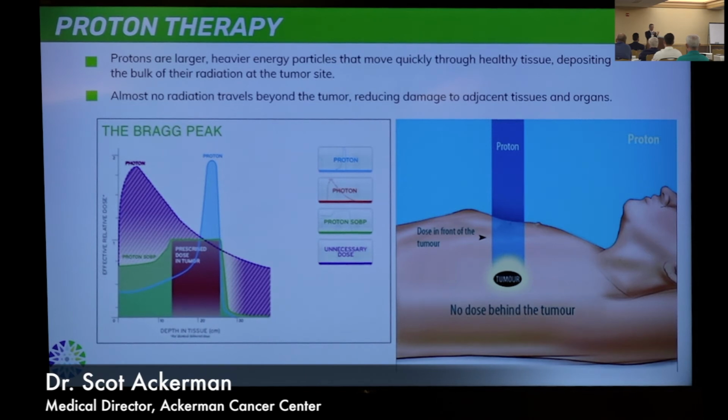We send it around a cyclotron to impart a lot of energy into it, 250 million volts of energy into that proton, and then we shoot it at the patient. It goes into the patient, and it goes deep into the tissue, and then when it stops, it releases the radiation. It releases radiation energy. So as it goes in, very little radiation is being deposited. When it stops in depth, the radiation is released like a firecracker, and then nothing goes beyond.